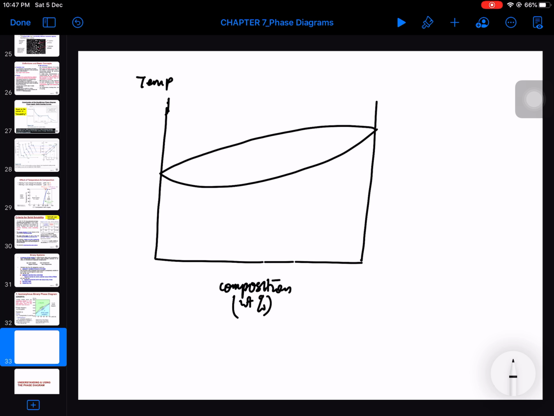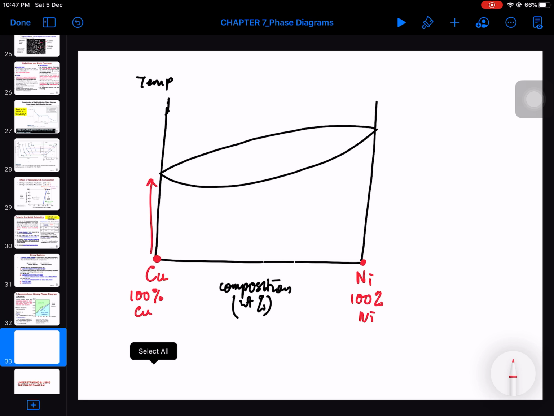At this end we have the copper, and at this end we have the nickel. At this point it is 100% copper, and at this point it's 100% nickel.